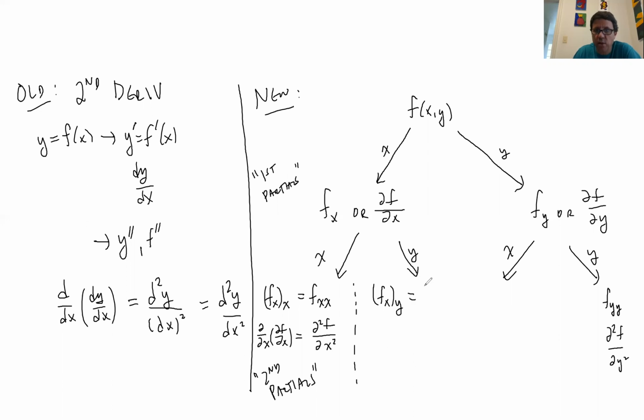So I can write this, hopefully not too surprising, as fxy. All right, that looks good. How about this one? Hey, we're on a roll here. So we do y and then x, and that means I do f sub y, and then a subscript on that, sub x, so that'll be fyx. Okay, that seems to make sense.